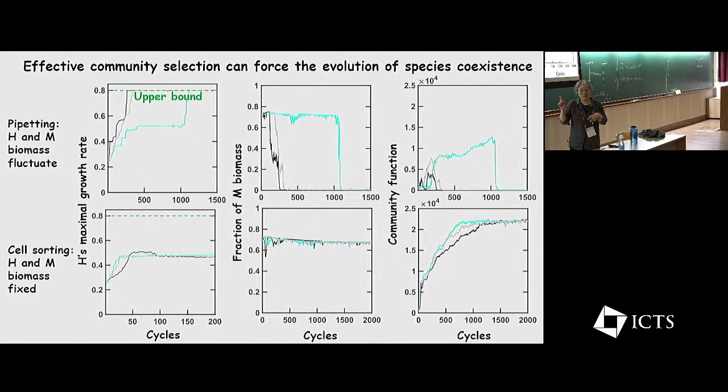But here, if I have multiple communities, due to variations, in some cases, M went extinct. I will select against this. And some of them didn't go extinct, and I'll keep them. So I'm selecting for restrained H growth, such that they will coexist, because otherwise it will be selected against.